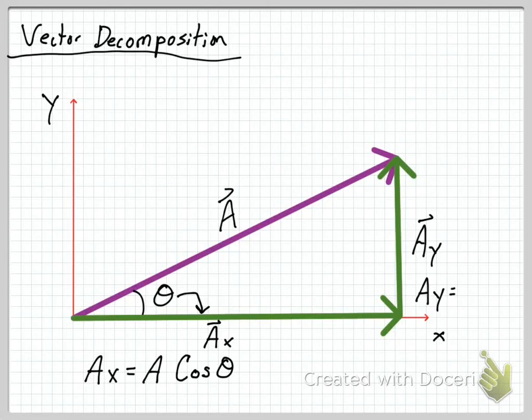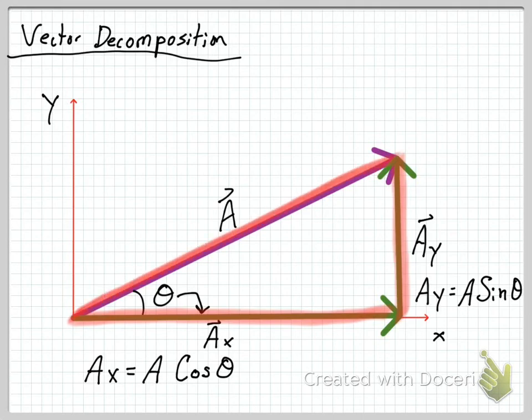Ay is going to be the magnitude of vector A multiplied by, SOHCAHTOA, sine of the angle theta. And that's how you can get the magnitude of ax and ay when you know the hypotenuse, the magnitude of vector A.